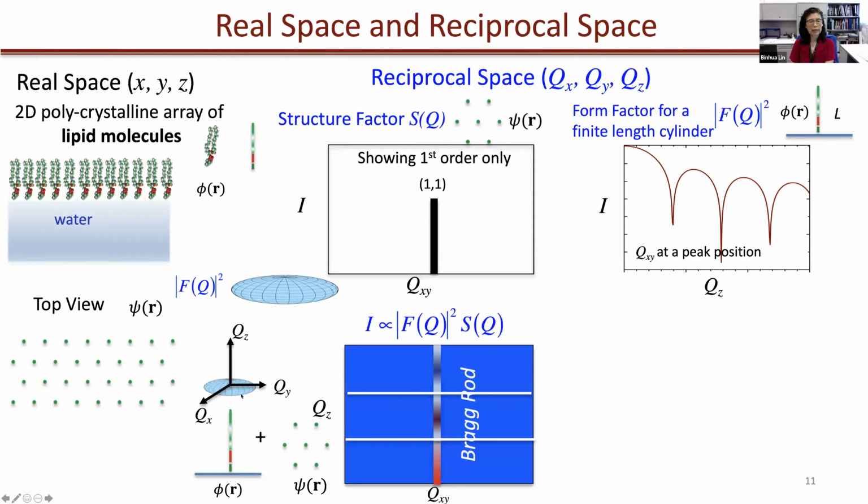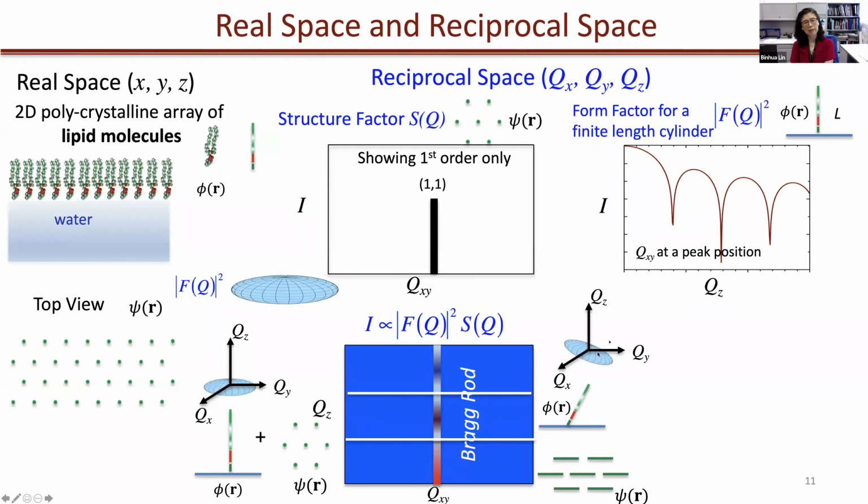So for a non-tilted lipid system, you will get this single peak. These white lines represent the minima of the form factor. As I said, it doesn't change much horizontally, but it changes vertically. So you have this modulated Bragg rod peak here with the peak center at QXY.